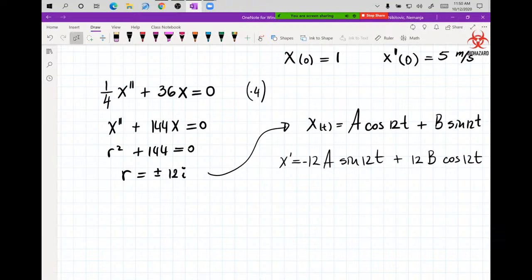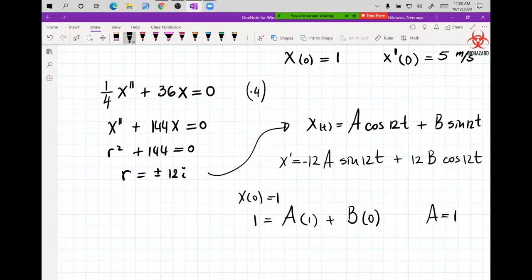Now use my conditions. For x of 0 equal 1, I have the first equation, which is 1 is equal to, when I plug in 0 for cosine, cosine survives, so a times 1, plus when I plug in 0 for sine, sine dies, right, because it's a 0. So from here I calculate that a is 1.